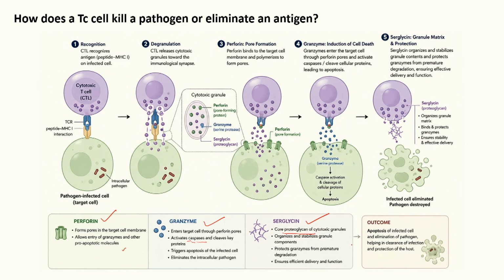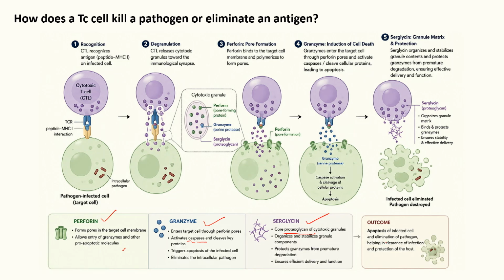It can stabilize the granzyme and also help in the proper functioning of perforin. So these are 3 molecules which are important for cytotoxic T cell function, and what we are trying to achieve at the end of all this is apoptosis, the clearance of the cell.